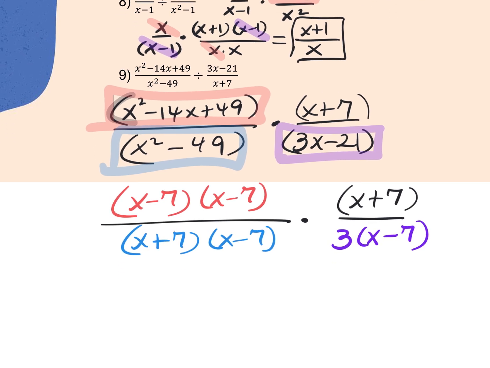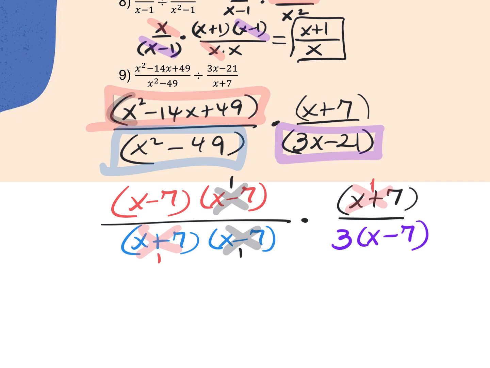So I can simplify the x minus 7 with this x minus 7. And what's left behind is a 1. I can simplify this x plus 7 with this x plus 7. And again, what's left behind is a 1.